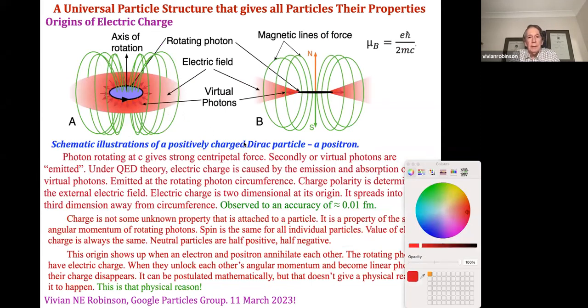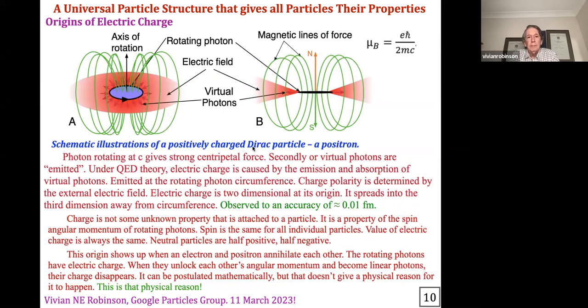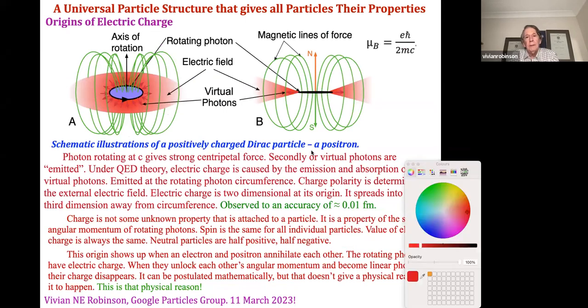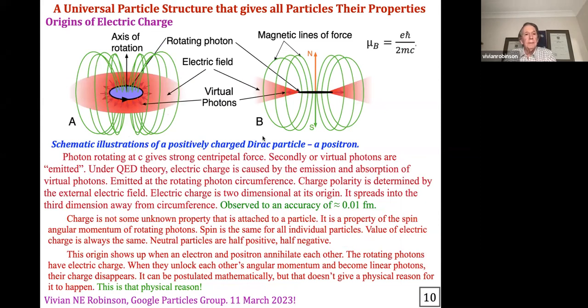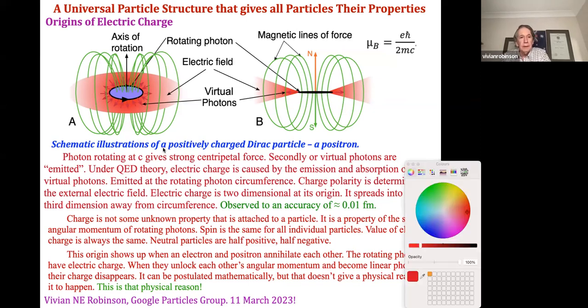I'm showing here a positively charged Dirac particle. It's a positron. You have the axis of rotation of the photon. You have the magnetic field surrounding it. I've shown here that the electric field is in a plane. And this brings us to the origins of electric charge under this model.